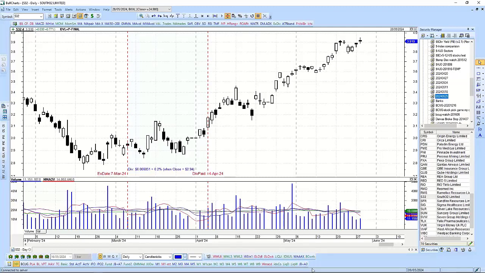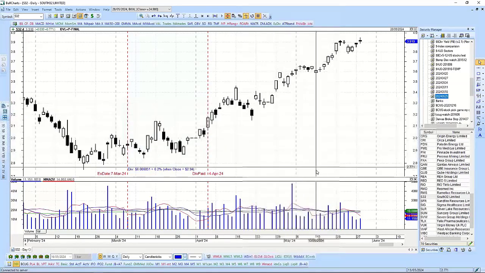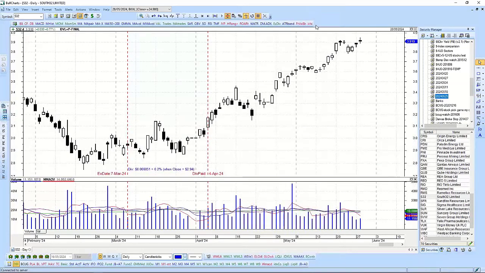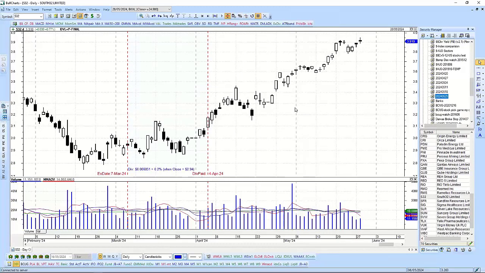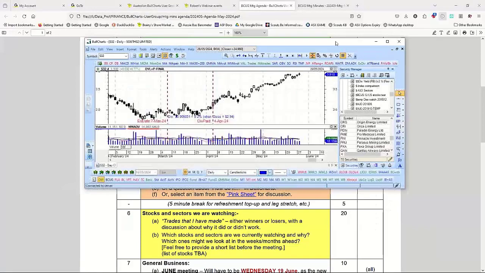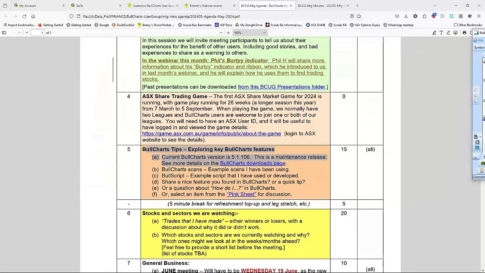I've stopped about here, because on my other monitor, which isn't as wide as this one, I've run out of space. But for anyone who has indicators that they use frequently or templates that you call up a lot and you don't have them on a toolbar, it's easy to add them to a toolbar. I just thought I'd mention that while we've got a lull in proceedings.